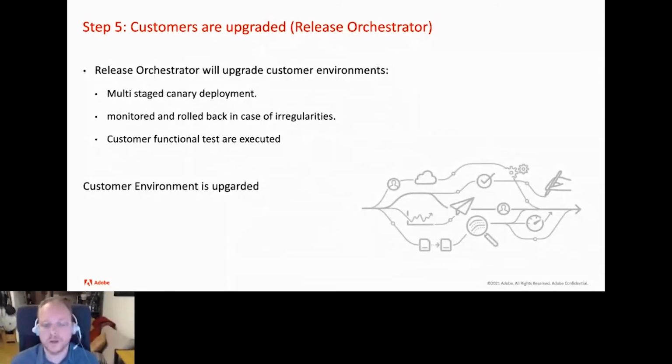Again, if you want to make sure that your code is not impacted by a code change from a new version, this is the best place to chime in and make sure that your application works as expected. And after we have successfully executed the Release Orchestrator, now all customer environments are running with the latest and most shiniest, most secure AEM version that is available.